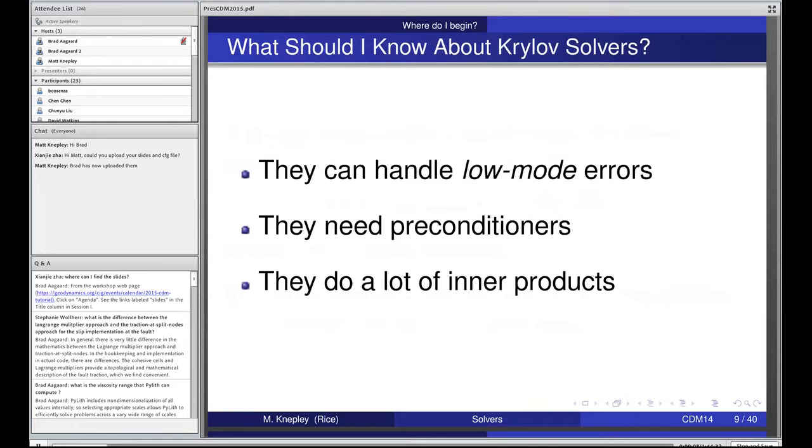Good. So why do we use them? Well, they can be very, very useful. They handle what's called low mode errors. Now, what does that mean? Low mode errors are errors that span a good fraction of the domain or the whole domain, so very slow fluctuations across the entire computational mesh.